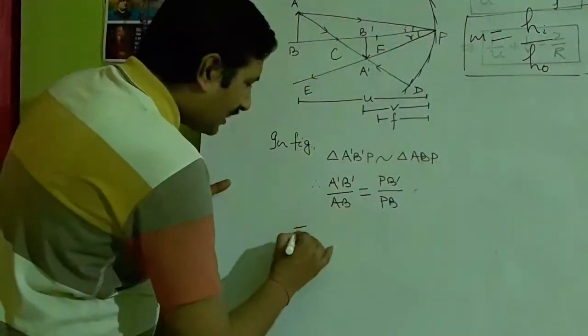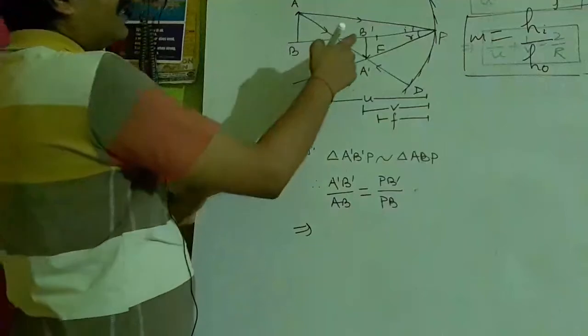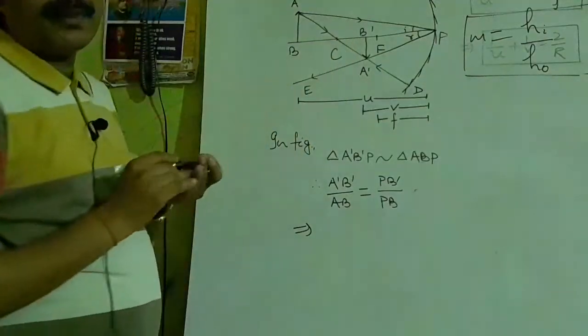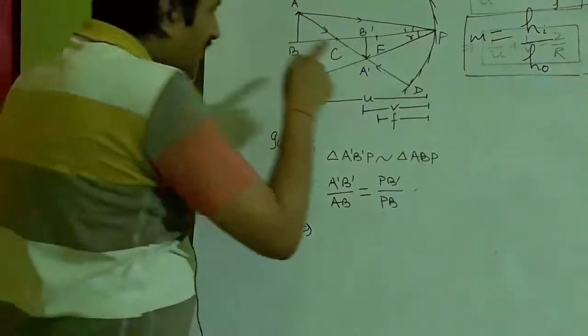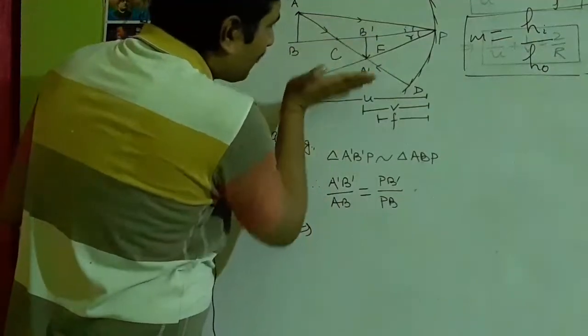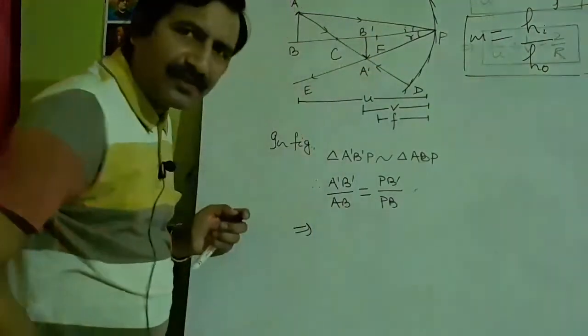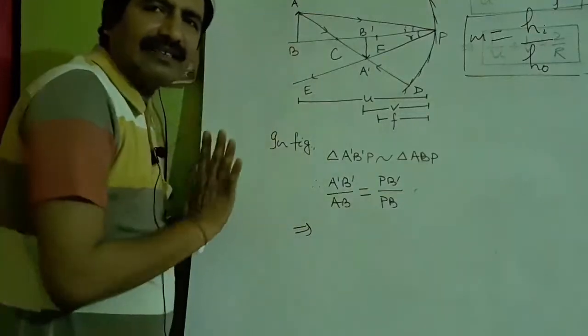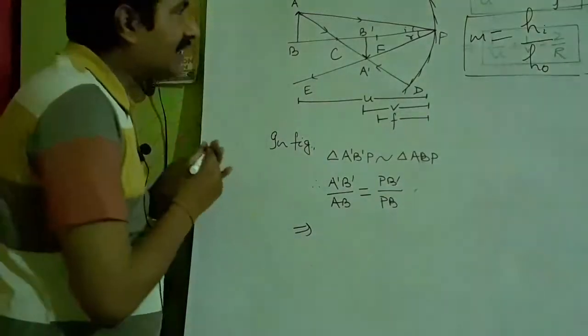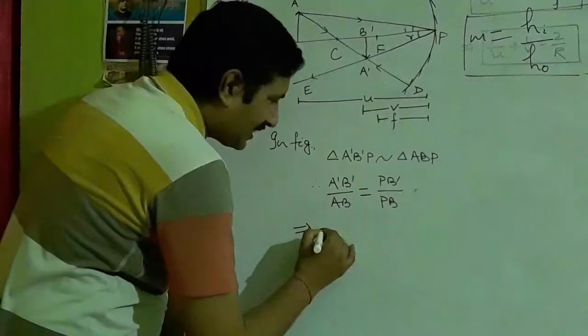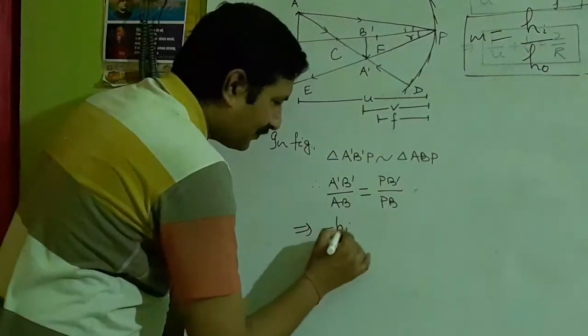Now you see A'B' is the height of the image, and the height of the image is taken just below the principal axis. You know the distances measured perpendicular to the principal axis in the downward direction are taken as negative. So A'B' is minus hi.